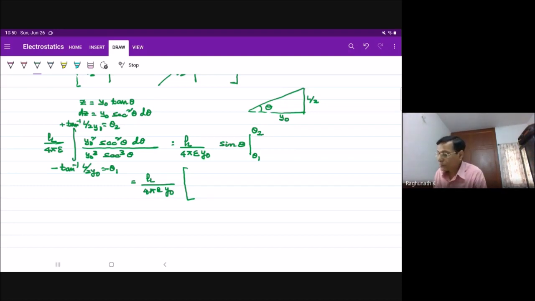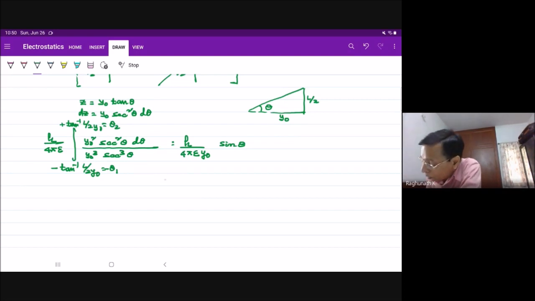Or I'll just put it, if this is not clear to you: rho L by 4 pi epsilon y naught, given that tan theta is equal to z by y naught, sin theta is z by root of z square plus y naught squared, from minus L by 2 to plus L by 2.